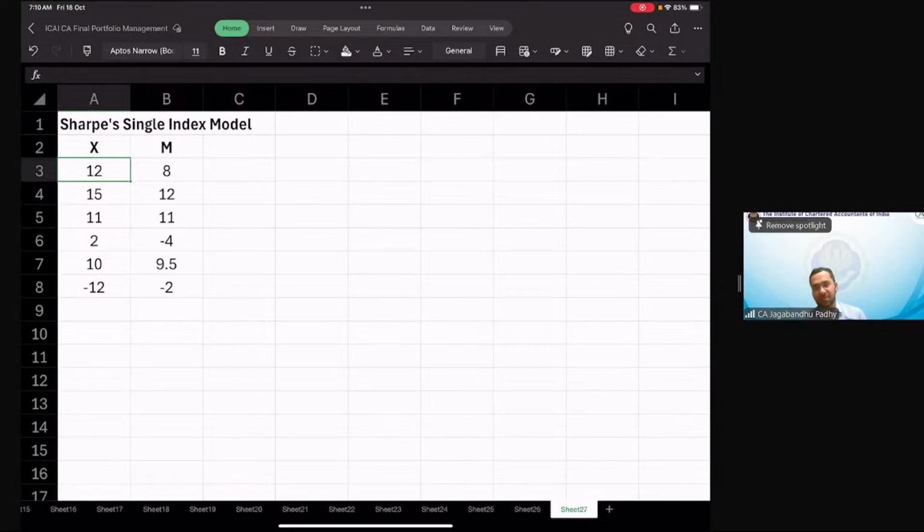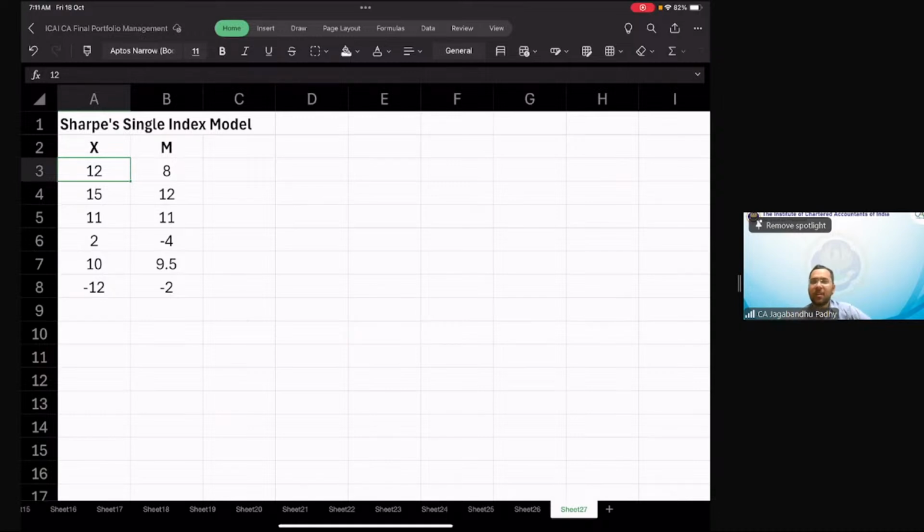Now, what is this Sharpe single index model really talking about? And what are we really thinking from the point of view of the characteristic line? Do we guys remember the concept of regression? Do you remember the concept of regression from our CA foundation days, or maybe from your 11th or 12th standard?